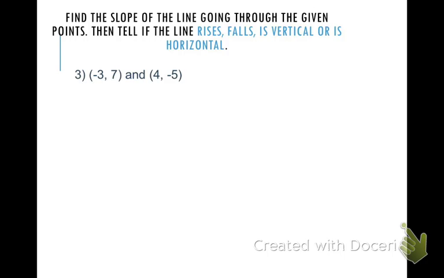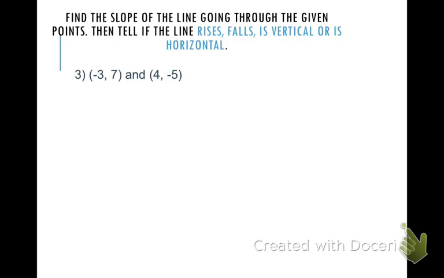In this case I have -3, 7, and 4, -5. Do my x values match? No. So then it can't be vertical. Do my y values match? No, 7 and -5. So now I take out horizontal. If either of those two are the case, then boom, I automatically have my answer.